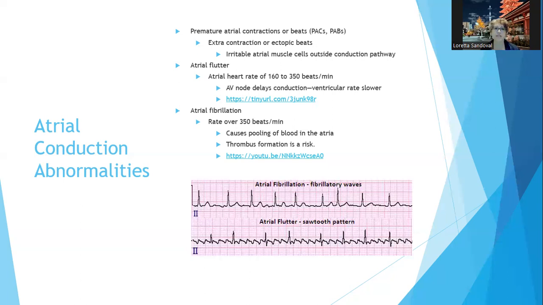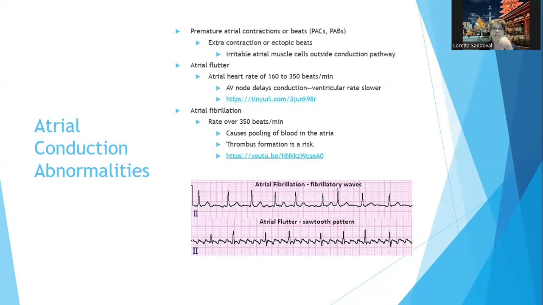So atrial flutter is fast atrial extra contractions, and atrial fibrillation is even faster. With atrial flutter, the AV node delays conduction, so the ventricular rate is slower than the atrial rate.